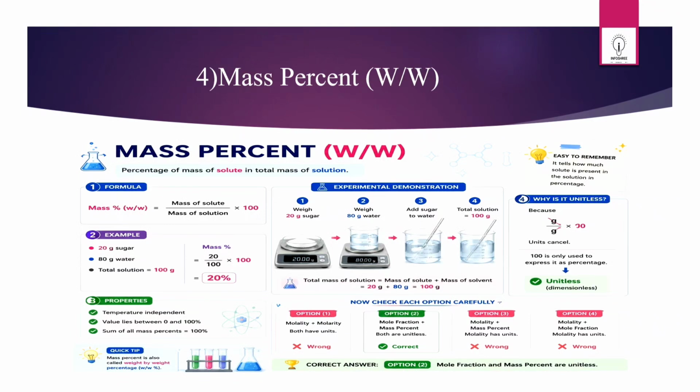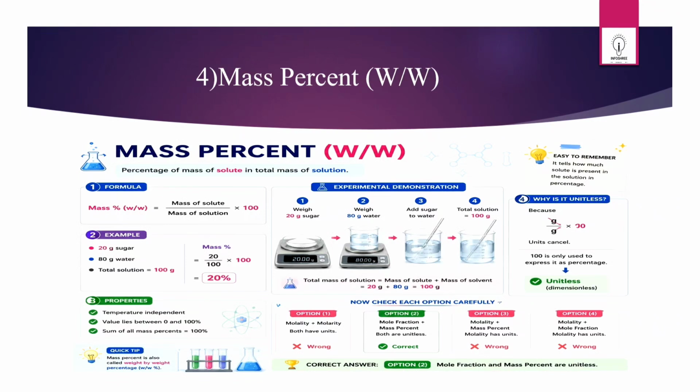In a KSET, they may ask like that, whether mass percent is dimensionless or not, or they may ask which concentrations are dimensionless. At that time, we have to write that mass percent is dimensionless. Right? Now check each option carefully.